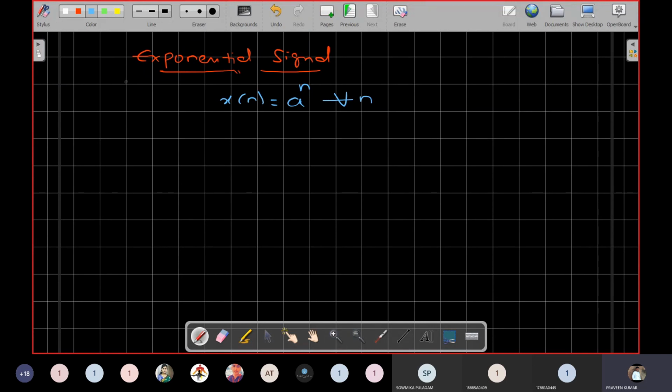Let us say the first case: the a value is in between 0 and 1, for example 0.2 whole power n. That is simply an exponential decaying signal. I will show it directly here.